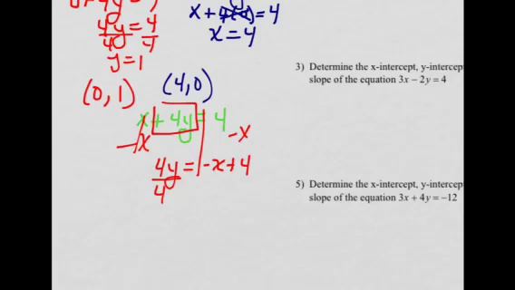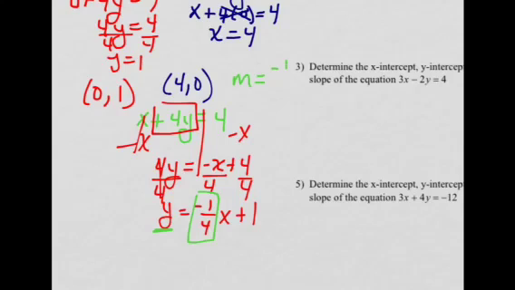If we divide everything by 4, we get y equals negative 1/4 x plus 1. And our slope is the coefficient of the x because this equation is now solved for y. So m equals negative 1/4.